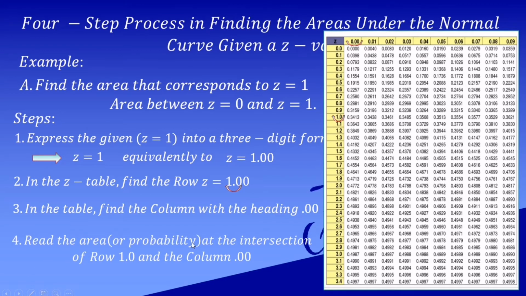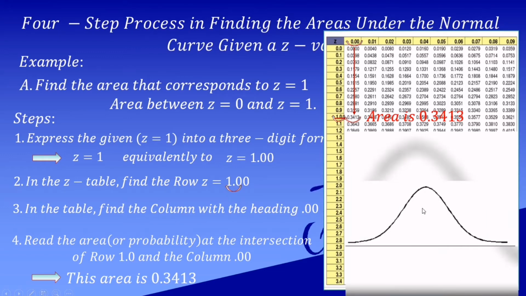For step 4, read the area or the probability at the intersection of row 1.0 and column 0.00. That is the intersection of the row and the column. So our area is 0.3413.